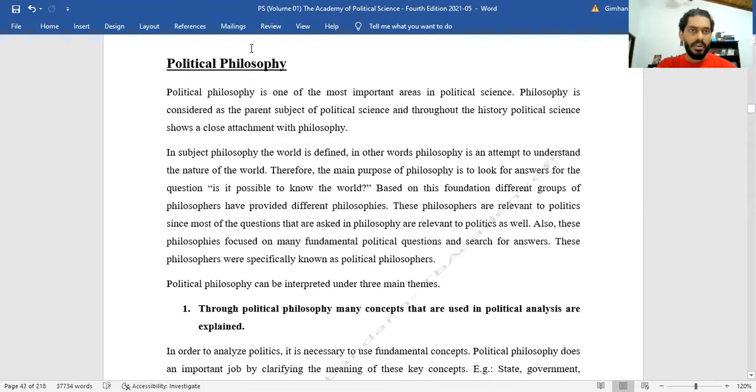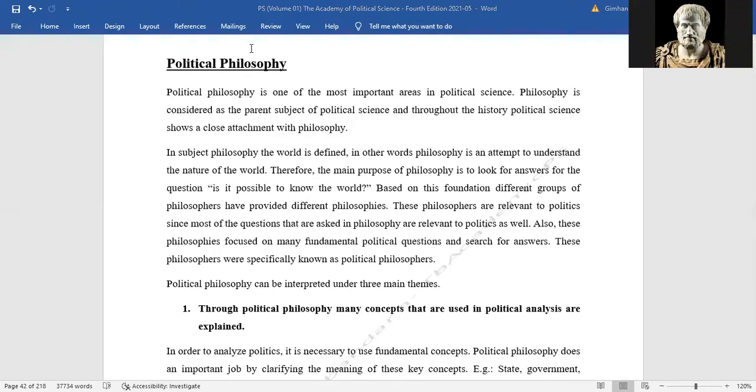Read from political philosophy onwards. Give me a second, sir. I can't see the screen. I have to refresh the page. Shall I get someone else, or are you having trouble?